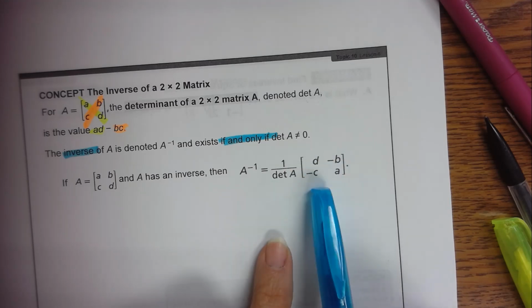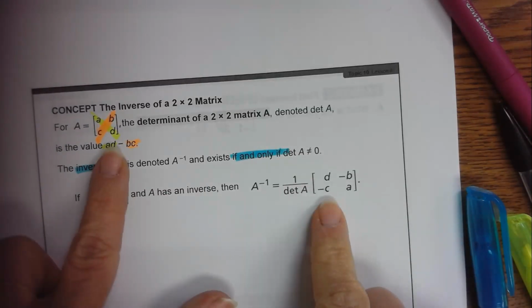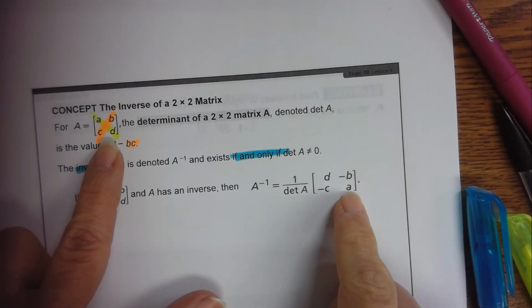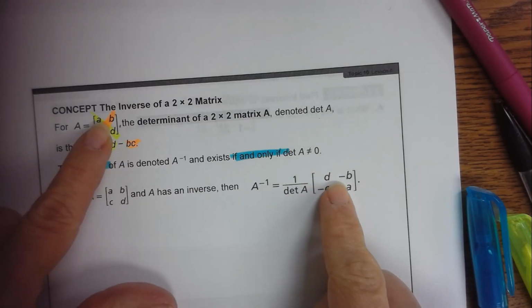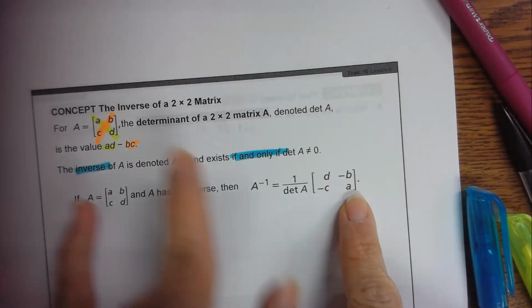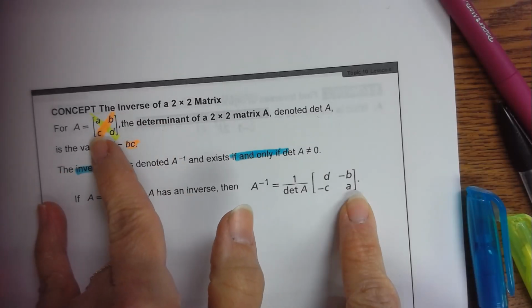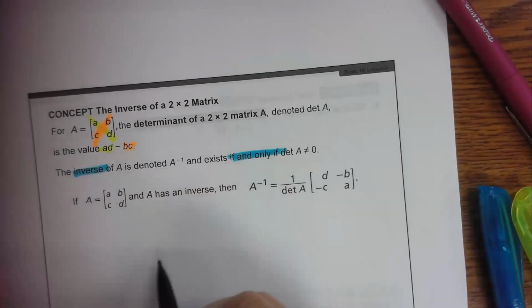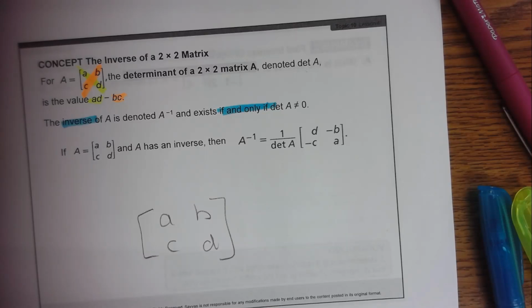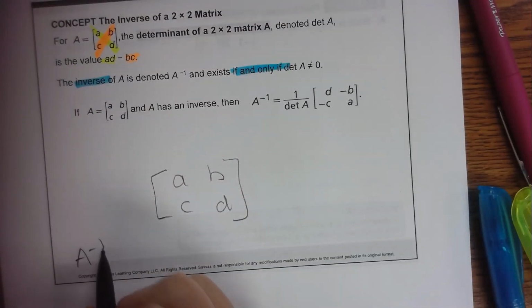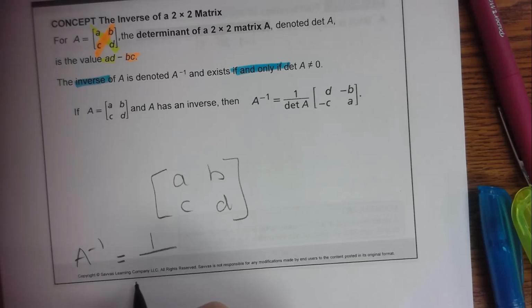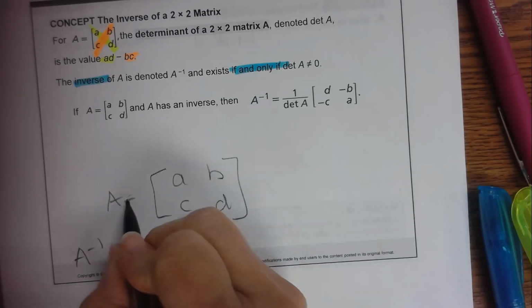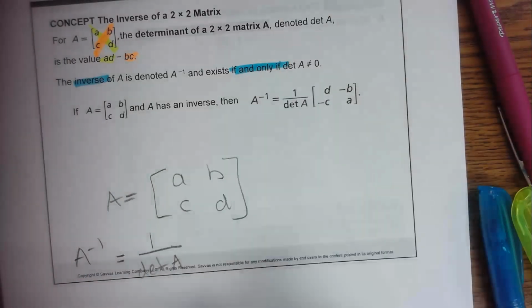Okay, so to make this easier, here's what's happened here to the original matrix. You swap A and D, so this becomes D and A, and then you switch the signs on B and C. Okay? Again, the original matrix is A, B, C, D. To find the inverse, you take 1 over the determinant of A. I'm just rewriting this up here, because then now I'm thinking about it as I'm writing it.